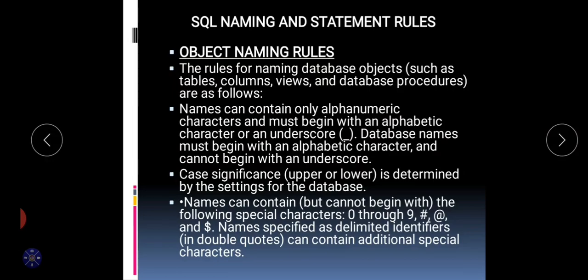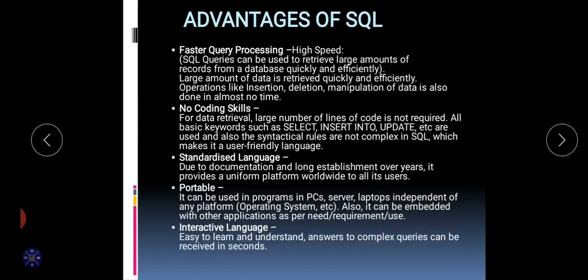Case significant: upper or lower case is determined by the settings for the database. Names can contain the following special characters: 0 through 9, hash sign, at the rate of, and dollar sign. Names specified as delimited identifiers in double quotes can contain additional special characters.